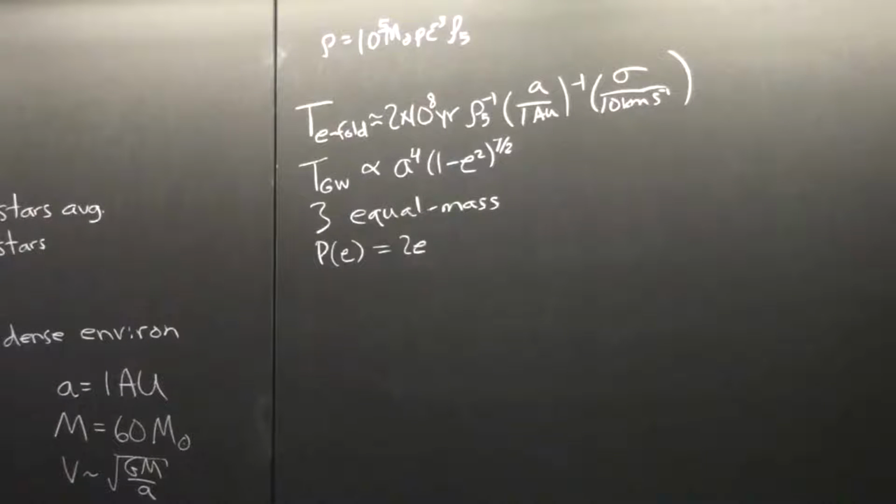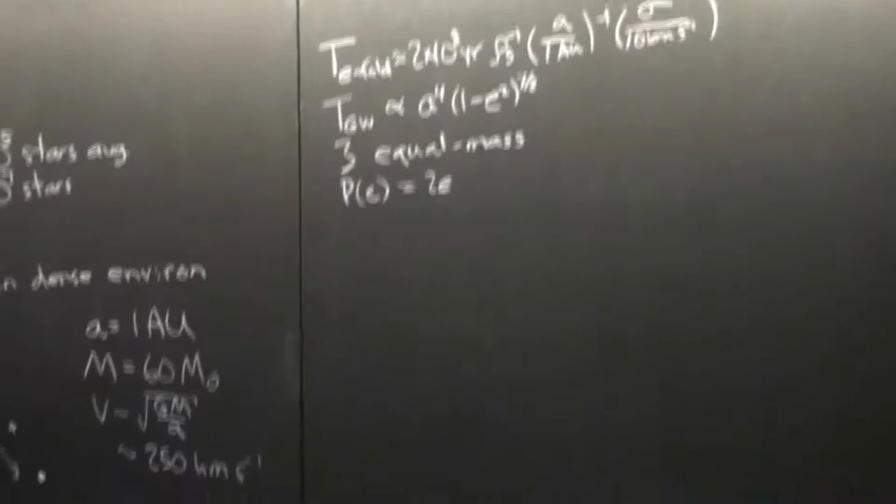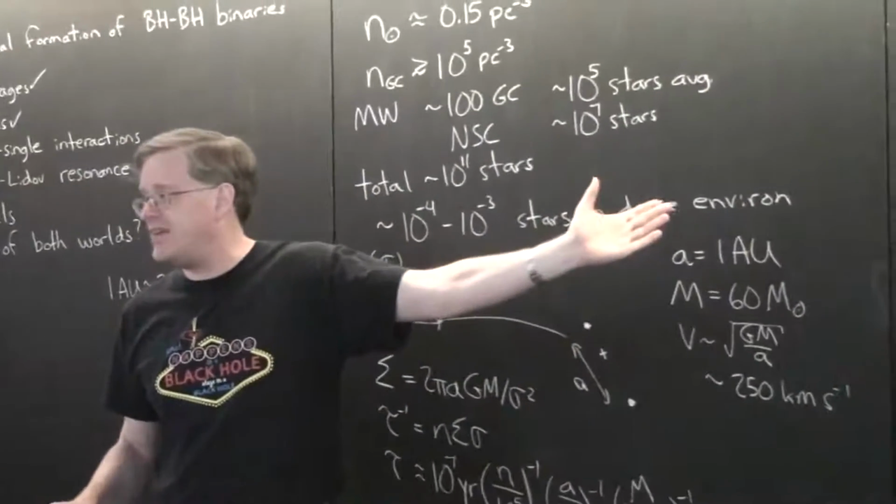But when it comes to having a massive binary and smaller things interacting with it, pioneering work by Quinlan in the 90s showed that there is in fact a greater tendency towards higher eccentricity than this would indicate.